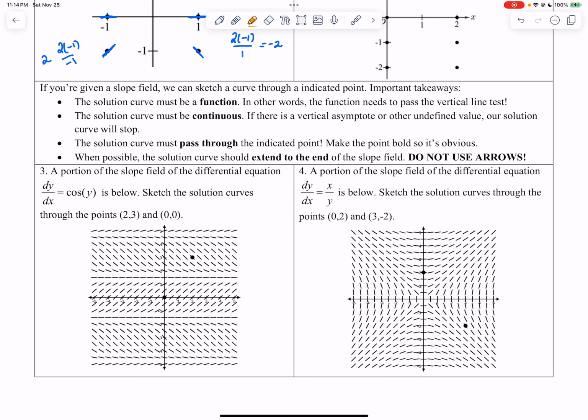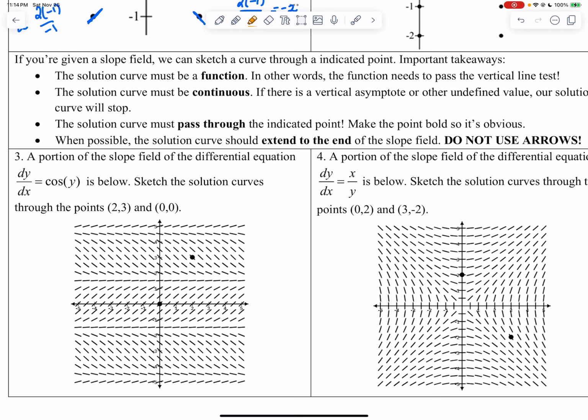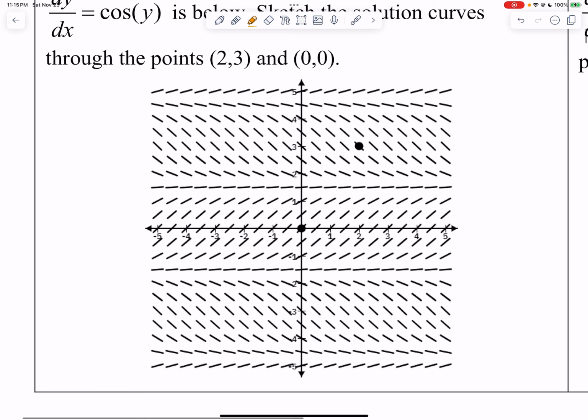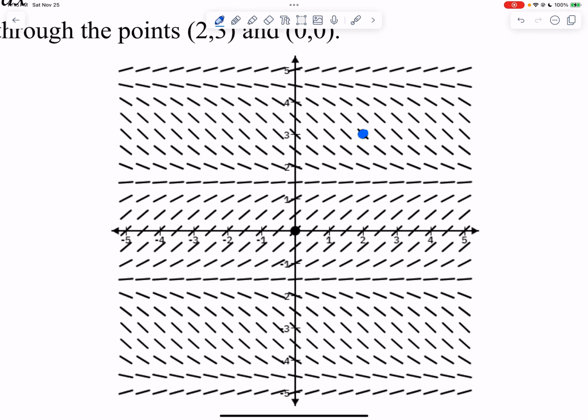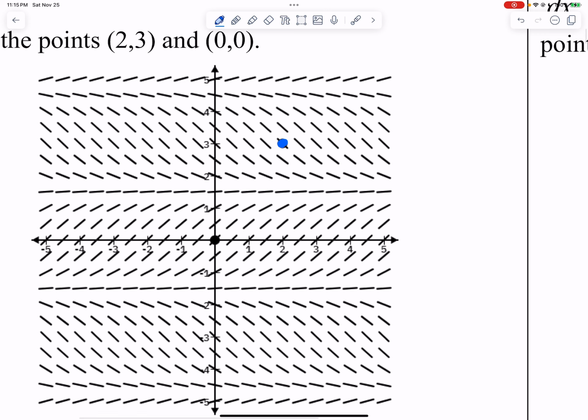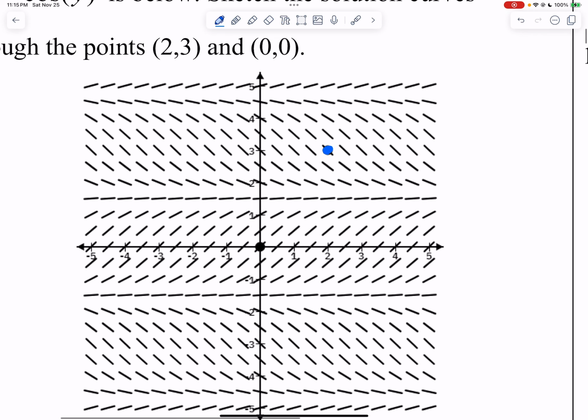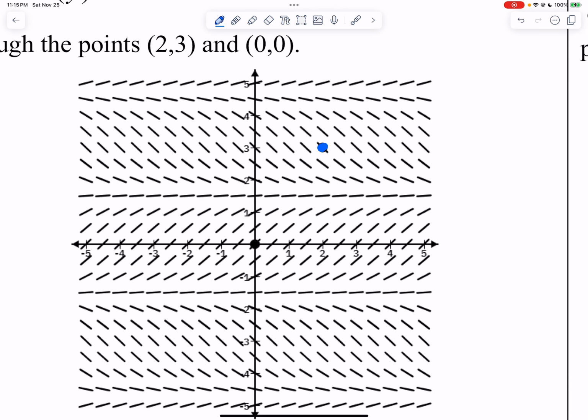Now, if you are sketching a curve through the indicated point, what we are essentially doing here is trying to figure out the path of the slope field based off of this particular point. So here, what we're going to do is make a solution curve that passes through the point 2, 3, and it kind of follows the general idea of my slope field.